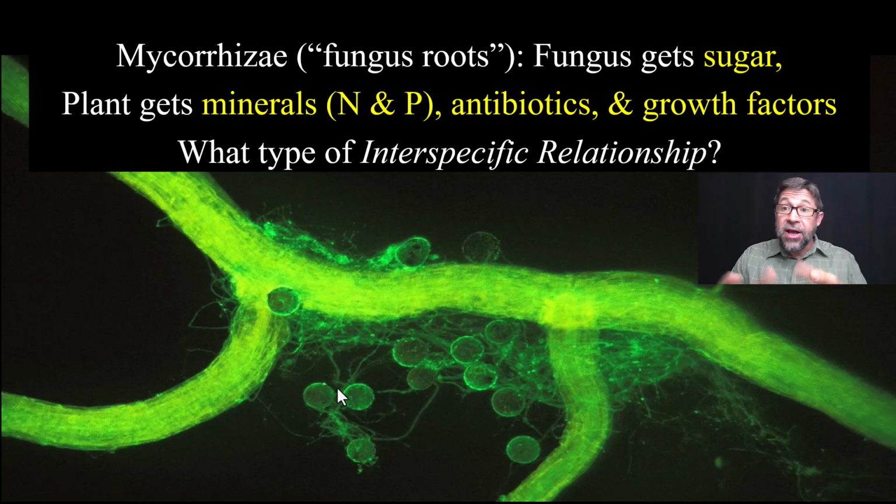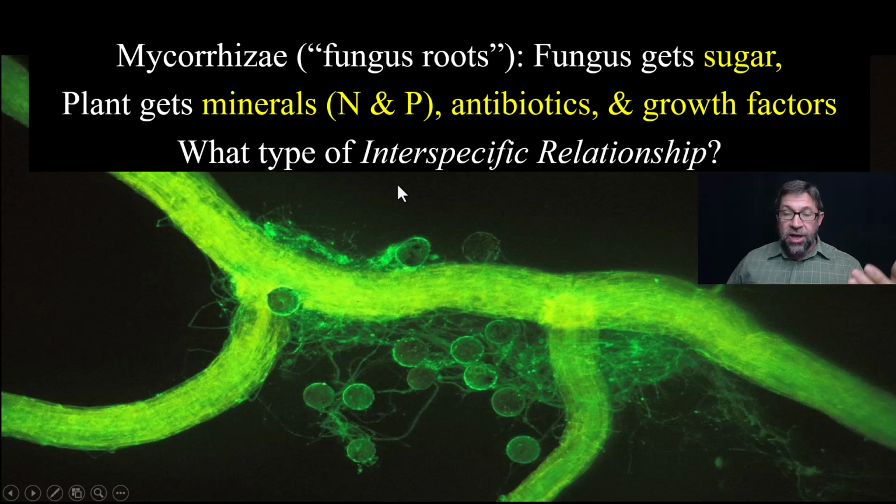Certain species of plants, like the legumes, which include beans, peas, clovers, alfalfa, and mimosas, long ago entered into a mutualistic relationship with mycorrhizal fungi. Those are the little spheres that you can see in the image here.